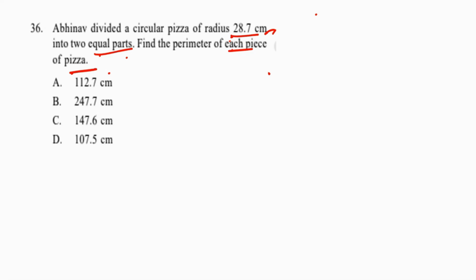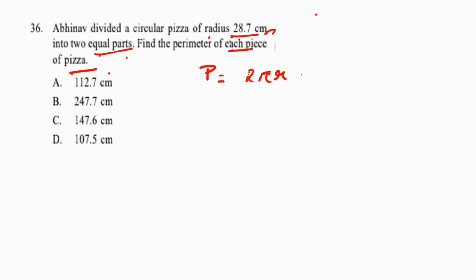28.7. Since the radius is given to be 28.7, we need to put this radius into the formula. And what's the formula? The perimeter formula is 2 pi r, actually.